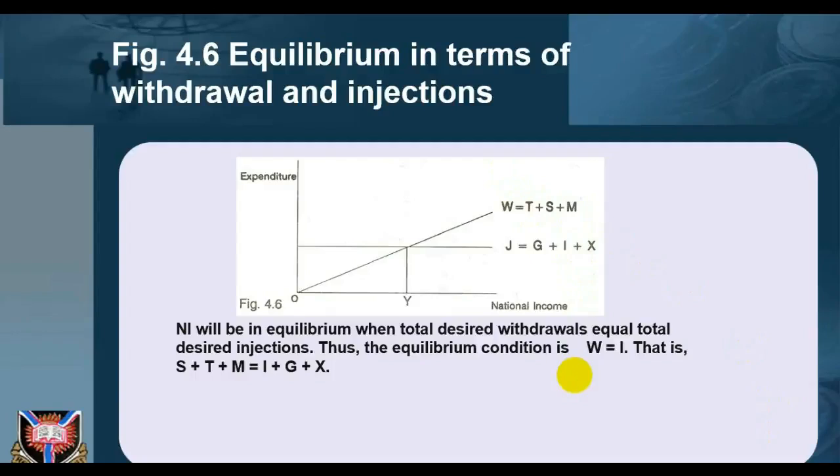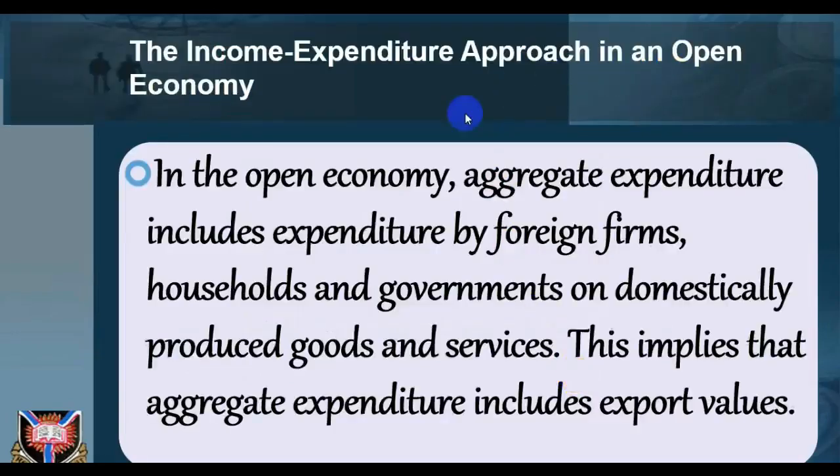The income expenditure approach in an open economy. In an open economy, aggregate expenditure includes expenditure by foreign firms, households, and governments on domestically produced goods and services. This implies that aggregate expenditure includes export values. At the same time, some consumption expenditure made by domestic households and firms, and some government expenditure, may go to purchase goods and services produced in foreign countries.